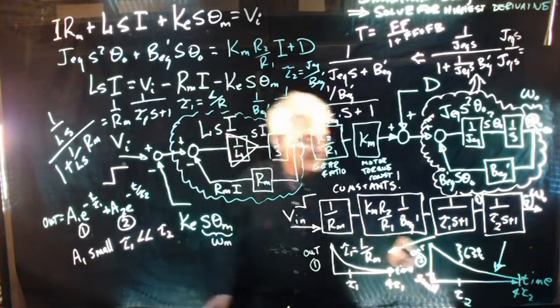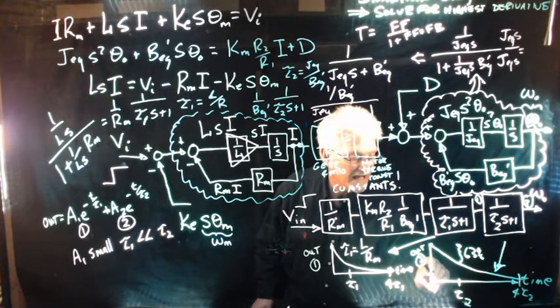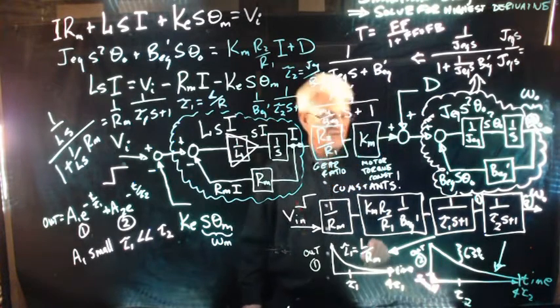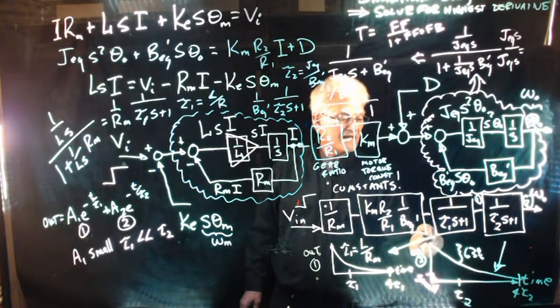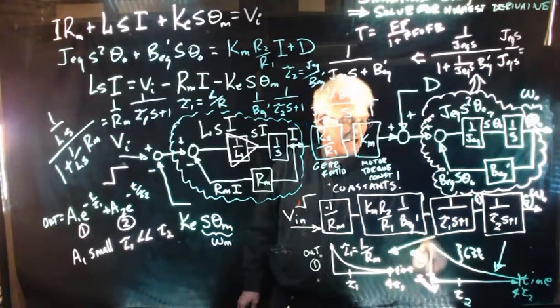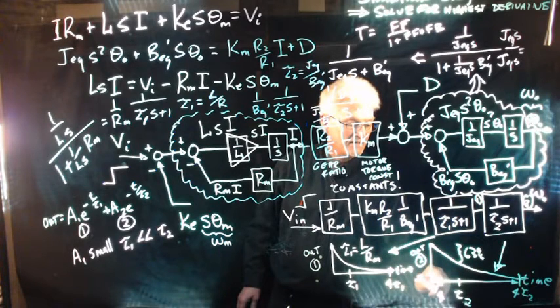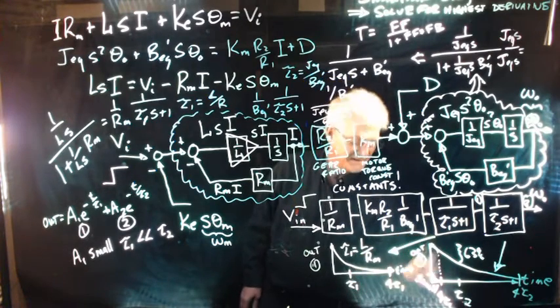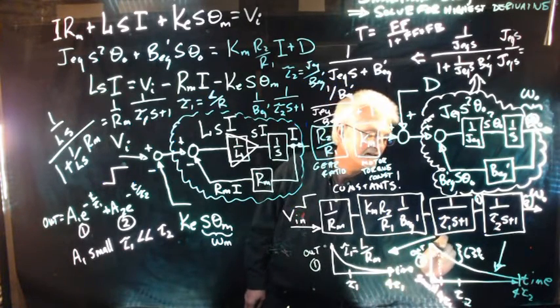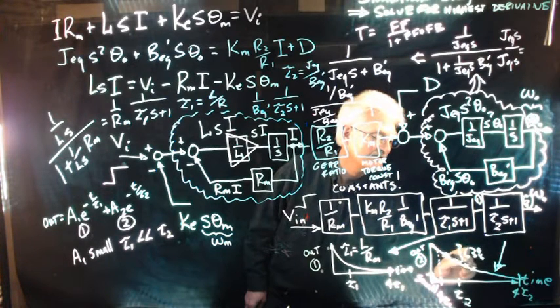And so this time constant is really fast, and this corresponding coefficient is very, very small. And so when I add them together, what I see is that by the time I get to 4 tau 1, that response has completely died out. And the only thing that I'm left with now is the response tau 2.